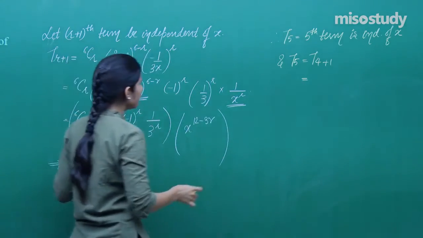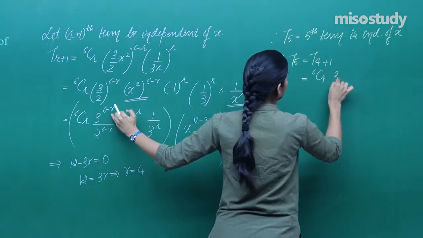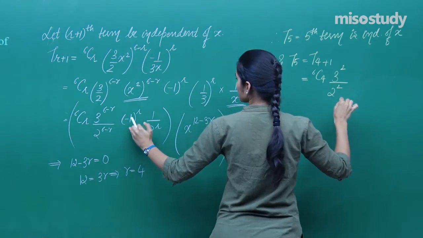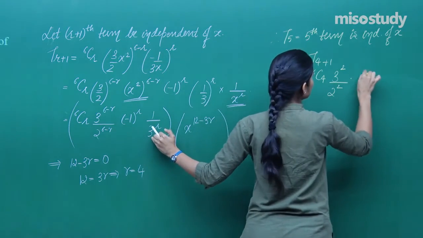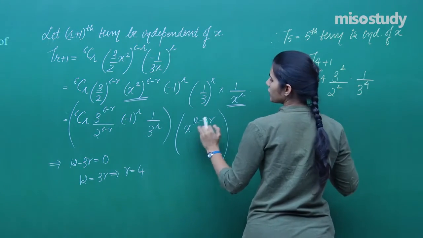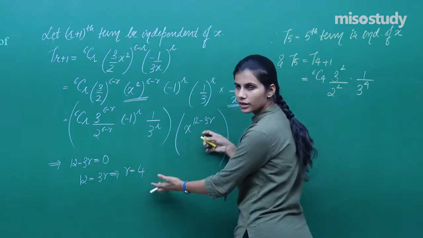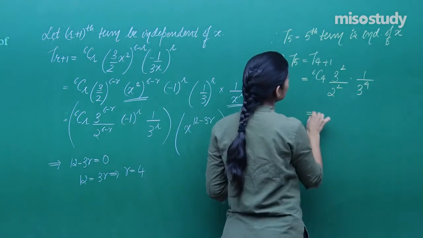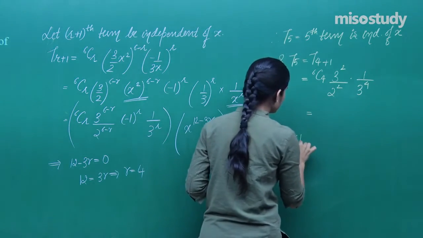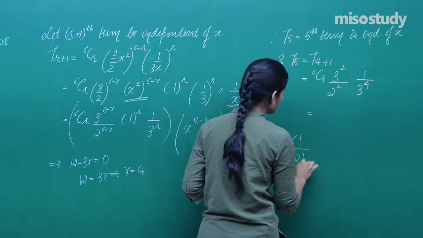You will be getting 6c4, 3 to the power 6 minus 4, 2 to the power 6 minus 4, minus 1 to the power 4 is 1, 1 upon 3 to the power 4, and x to the power 12 minus 3 into 4 is 12, x to the power 0, because obviously it has to be 0 for r equals 4, right? This is my fifth term, which is independent of x. 6c4 is 6 factorial upon 4 factorial into 2 factorial.